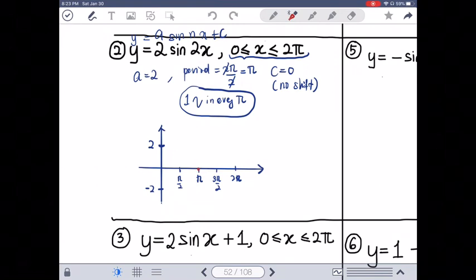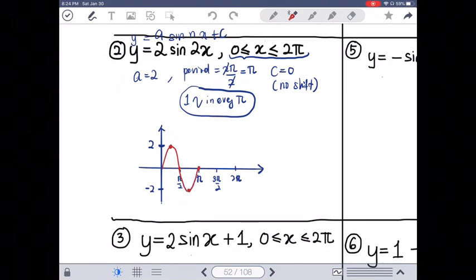So for every pi, there will be one S. Remember the graph of trigonometry is very symmetrical, so you can just guess. Since there will be one S in every pi, we can draw something like that.